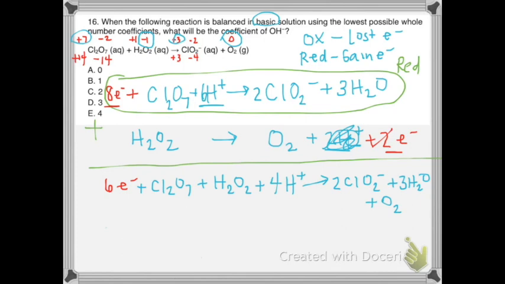Okay? So you're not really going to have protons in basic solutions, so we need to get rid of them. So we'll add to each side 4 OH minus, 4 OH minus. And it will result in having 4 waters on the left and 4 hydroxides on the left. Or, I'm sorry, on the right.